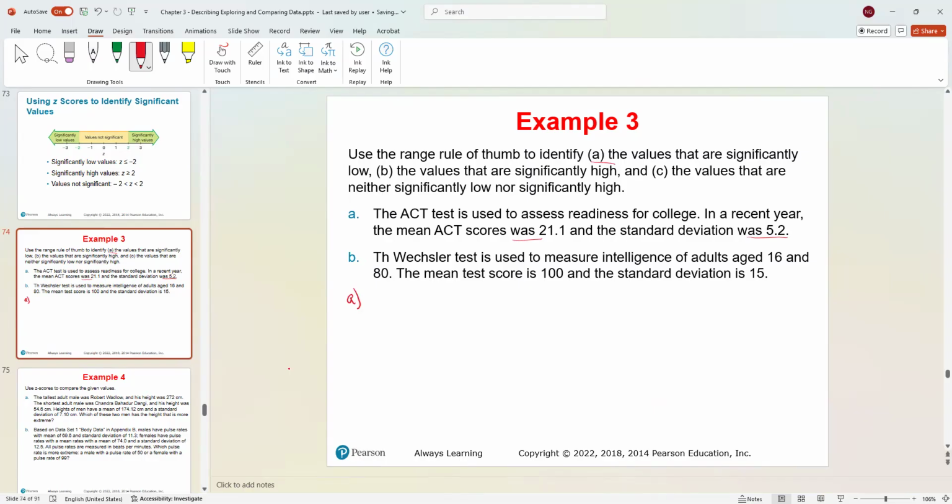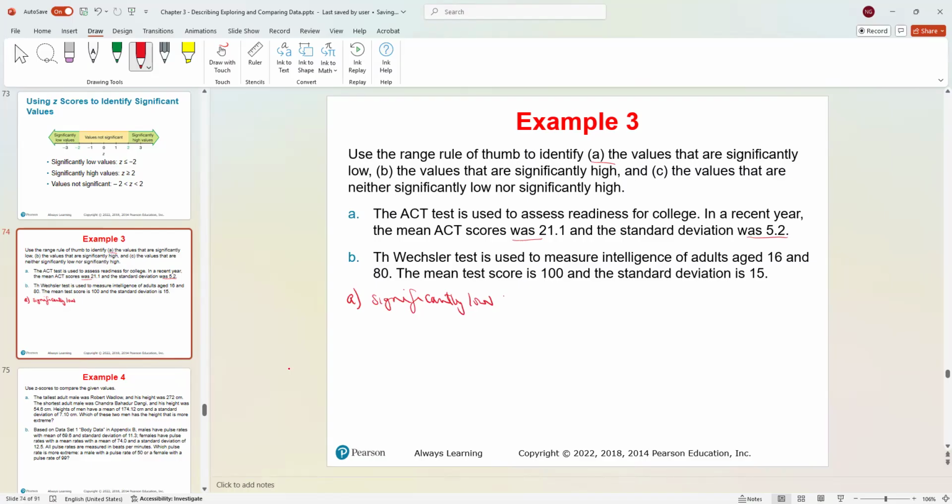So what we're going to do for these three, very important, is check where it's significantly low. For which values by the rule of thumb will it be significantly low?